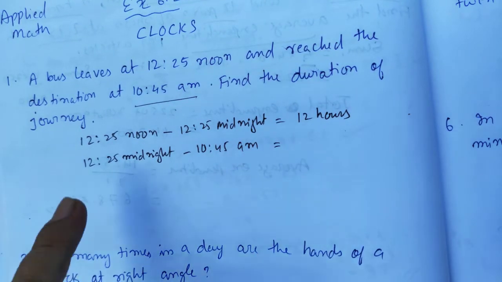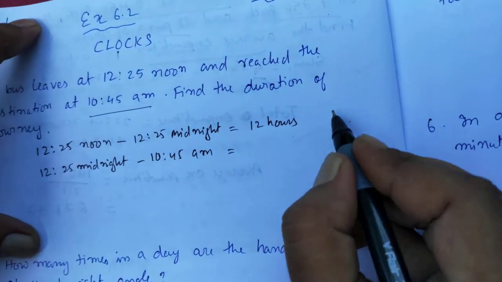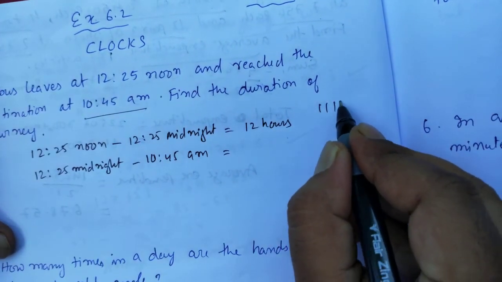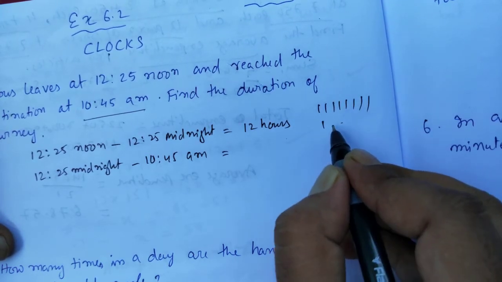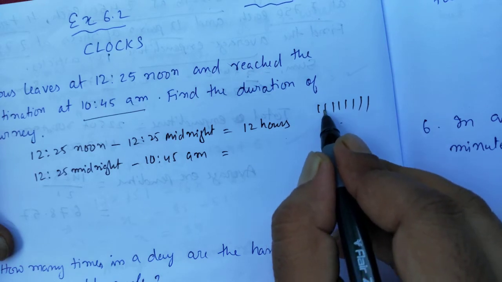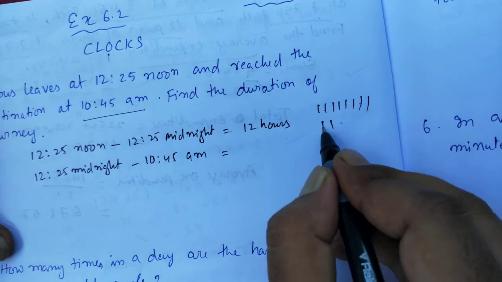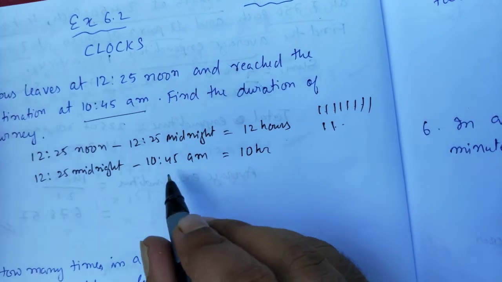You just count 12:25, 1:25, 2:25, 3:25, 4:25, 5:25, 6:25, 7:25, 8:25, 9:25, 10:25. Till 10:25 is how many hours? 1, 2, 3, 4, 5, 6, 7, 8, 9, 10. 10 hours. And how many minutes?